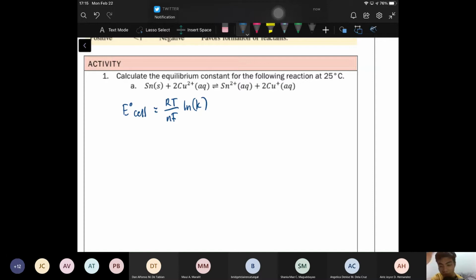Ano ginagawa natin? Basic calculus to. Ano gagawin mo para matanggal yung K sa ln? Mga mathematicianist natin dyan. Ano gagawin ko sa ln K para matanggal yung K sa loob ng ln?